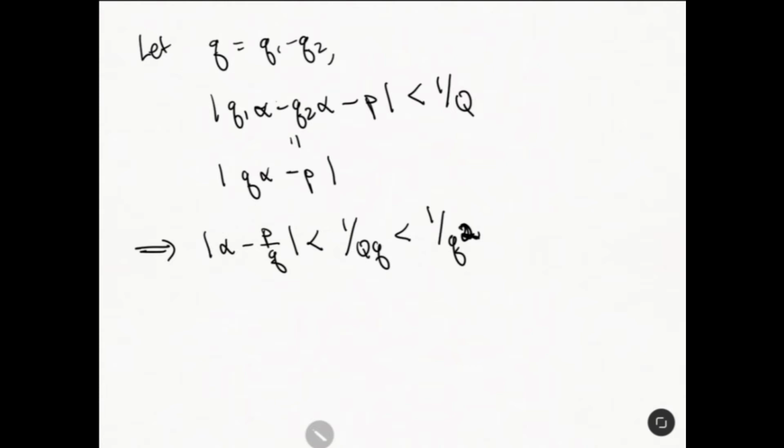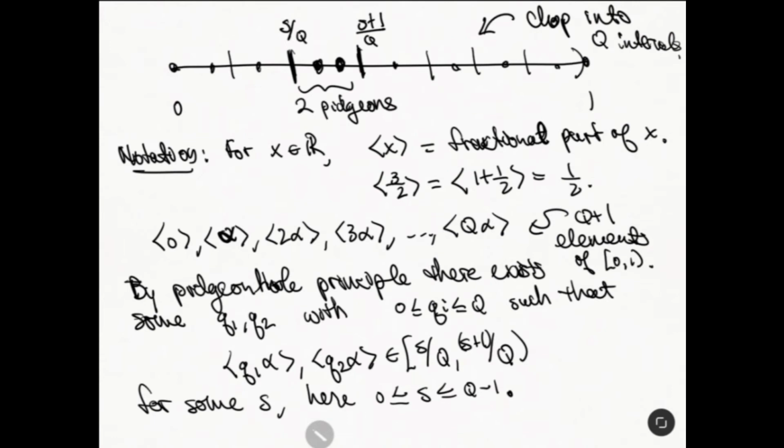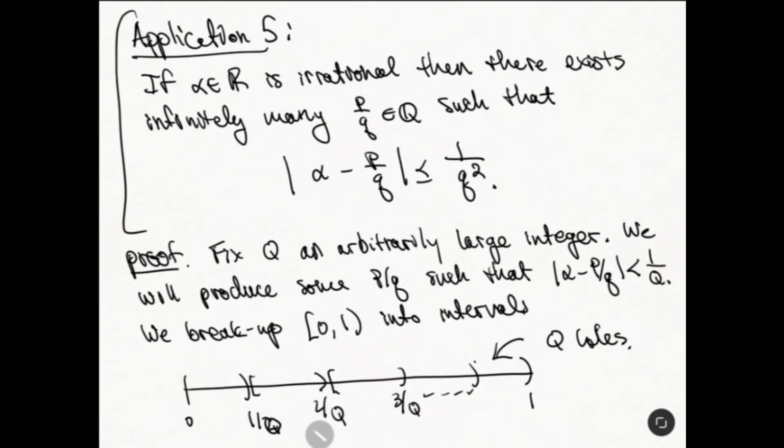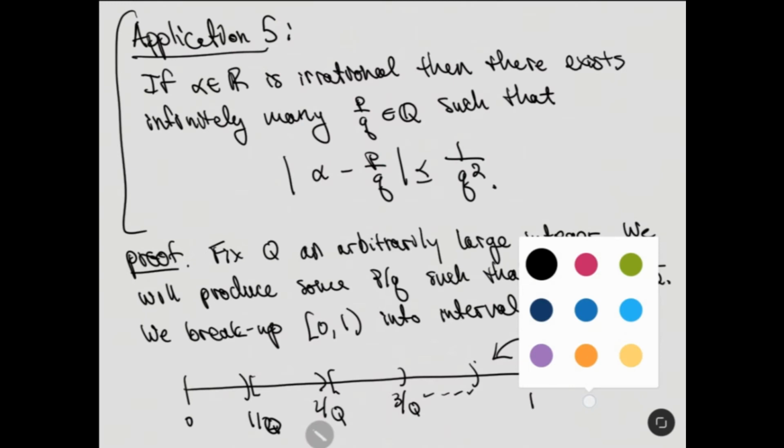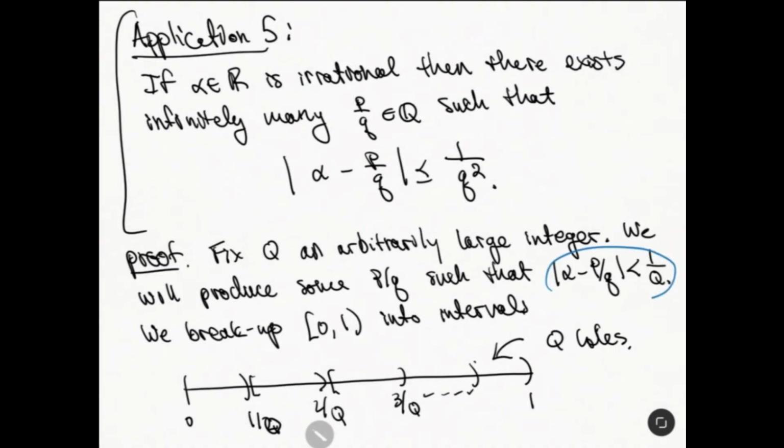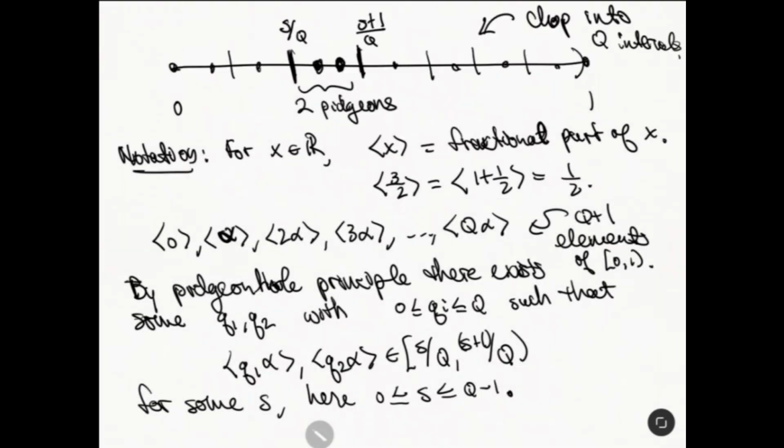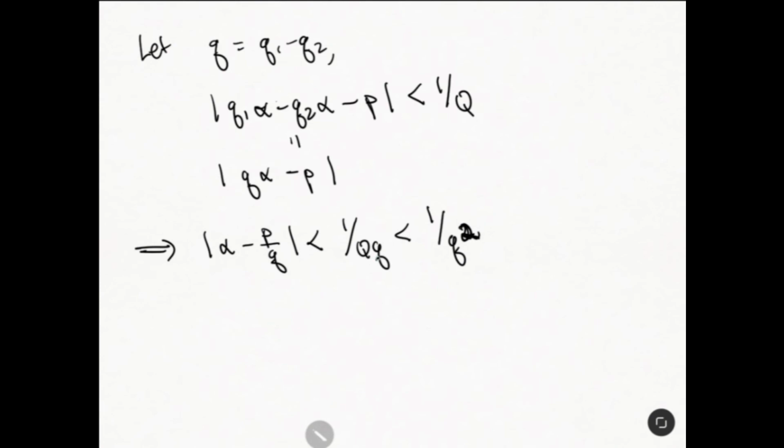In particular, there are two things we can say. It's less than 1 over q, as in the original statement, since I'm dividing by a positive integer.